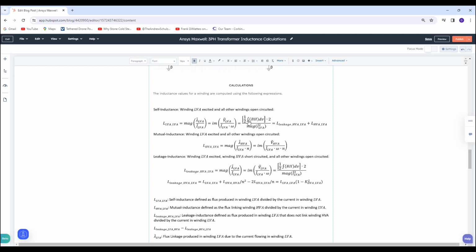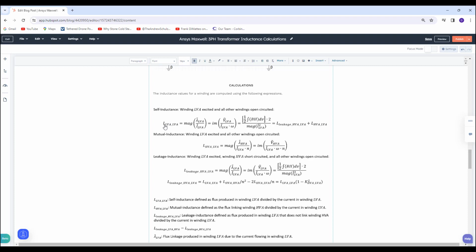This is also equal to the total magnetic energy times 2 divided by the magnitude of the current squared. And this is equal to the leakage inductance plus the mutual inductance, as I represent here. Here L represents inductance, and the subscripts represent which winding with respect to another winding.